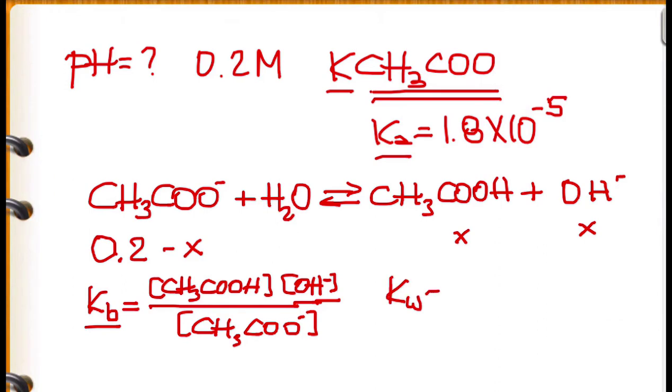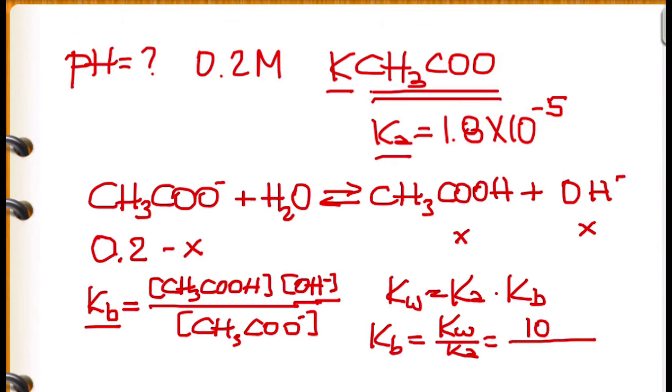So if we have Kw and we have Ka, we can get Kb, and Kb is going to be equal to Kw divided by Ka. Kw, we already know that, is 10^-14 at 25 degrees Celsius.